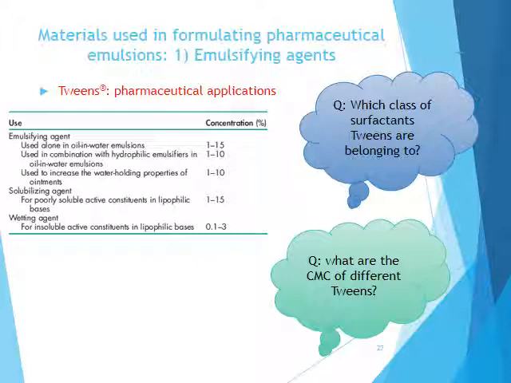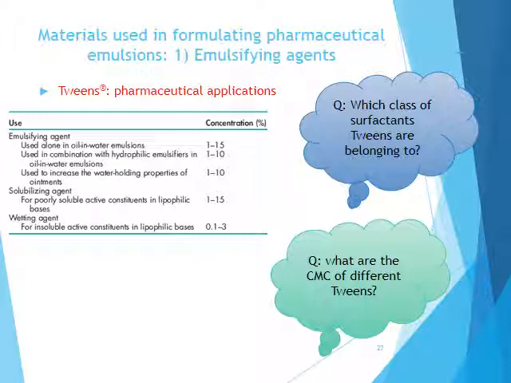One important thing I'd like to mention is related to the use of tweens. Tweens are hydrophilic surfactants, so they are most likely used in the fabrication or emulsification of oil and water emulsions, while spans are normally used for the fabrication of water and oil emulsions.